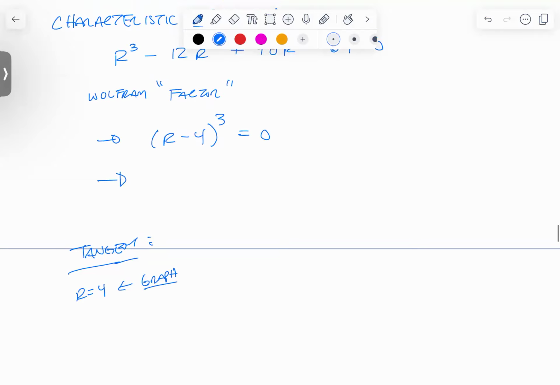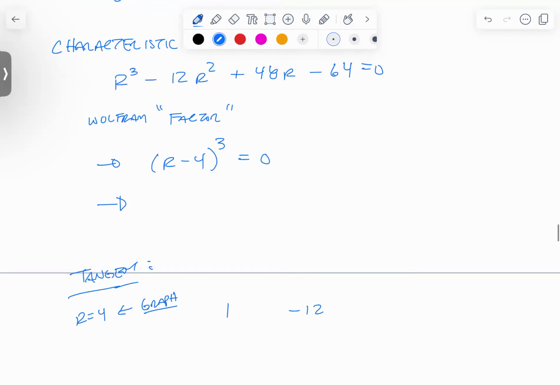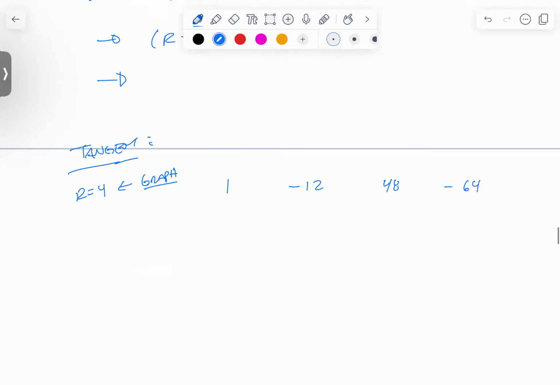Basically this gave you 1 solution, but that's all that shows up on the graph, r equals 4. Then you do synthetic, taking just our terms, 1, negative 12, 48, negative 64. So synthetic division looks like this. The first one, you drop that term down, then you multiply.